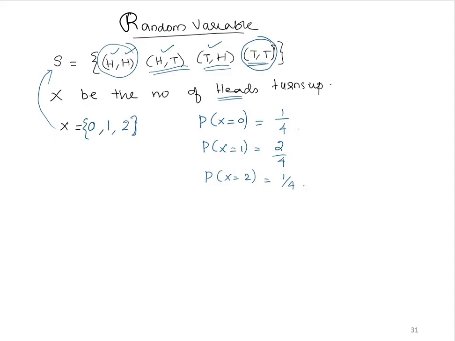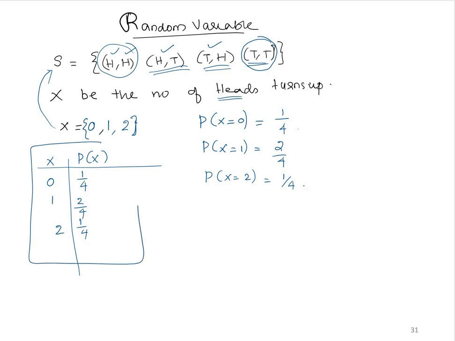Okay, so the probabilities are there. If I represent X and P of X in a table, X can take 0, 1, 2, and P of X is 1 over 4, 2 over 4, and again 1 over 4. So the same sample space is expressed in terms of numbers, and the probabilities are here.